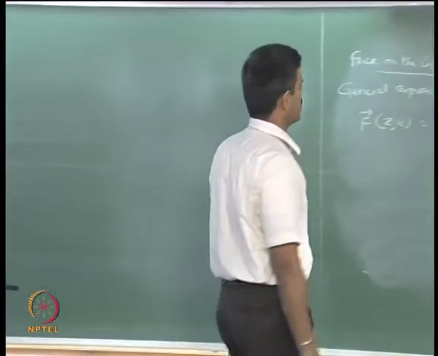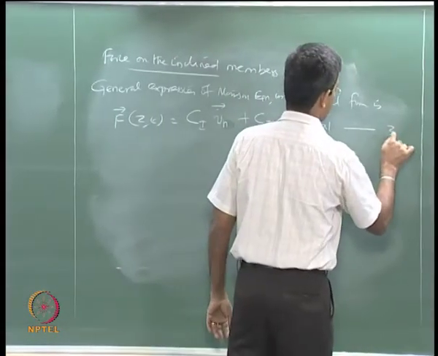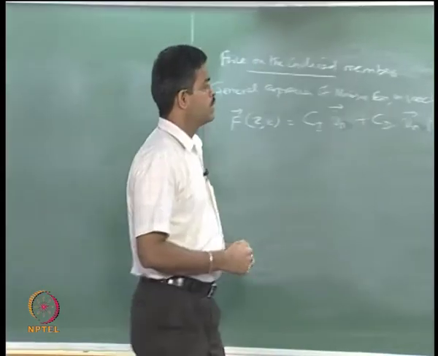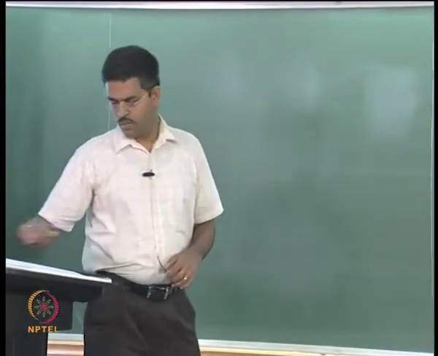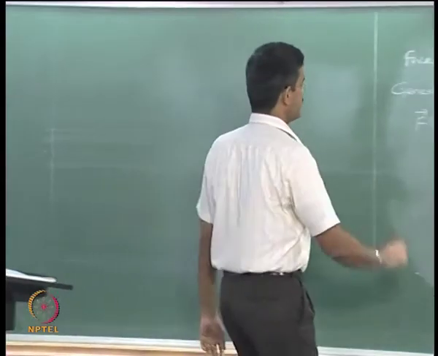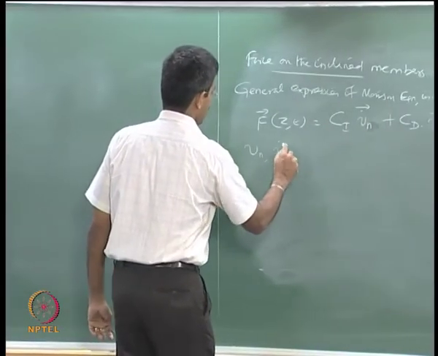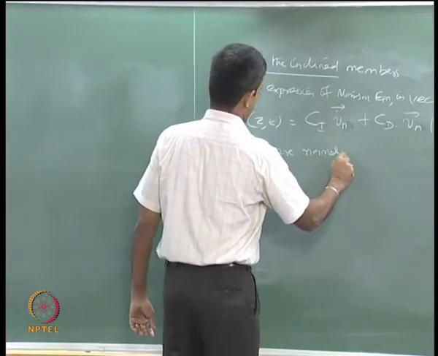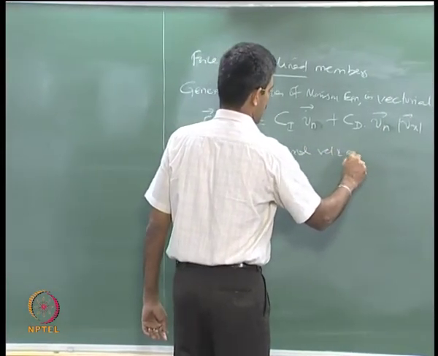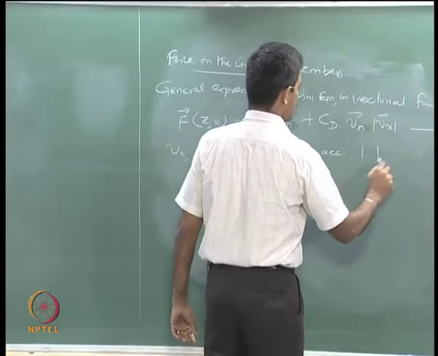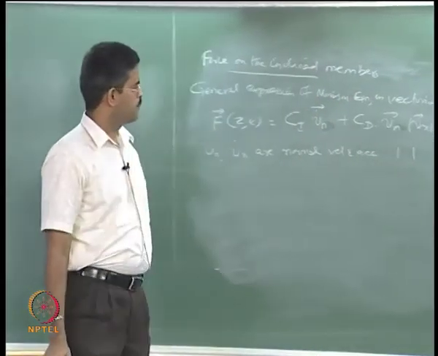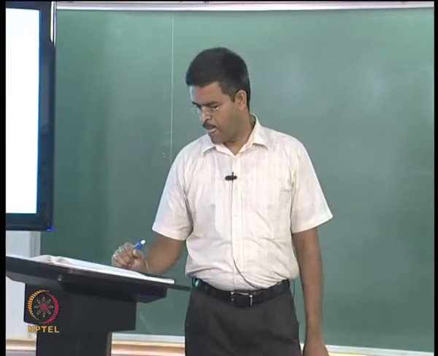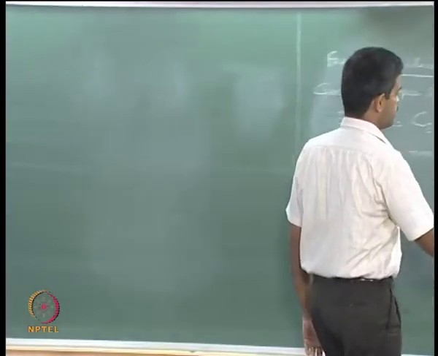Let me call this equation number 3. Now, Vn and Vn dot are normal velocity and acceleration, and the bar stands for, let us say, the vector modulus.